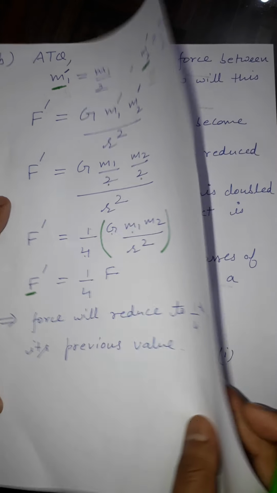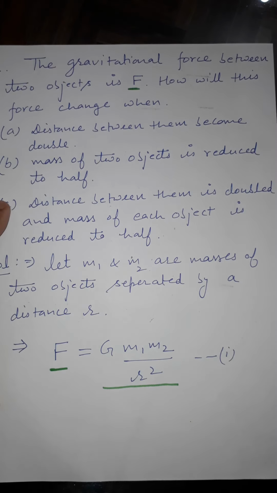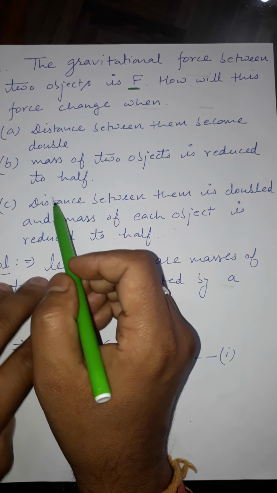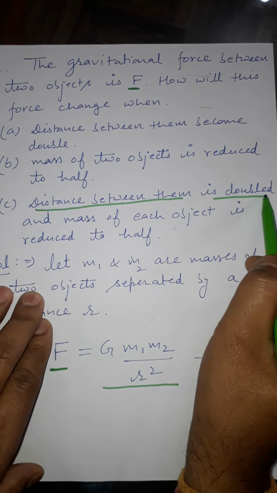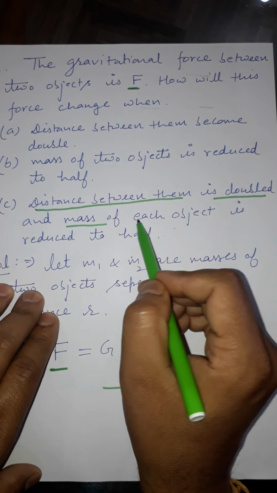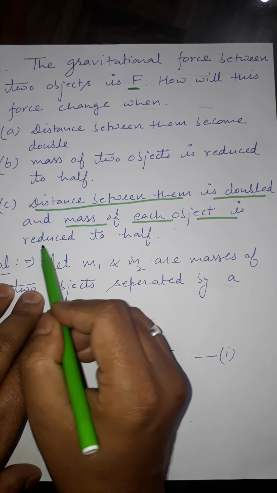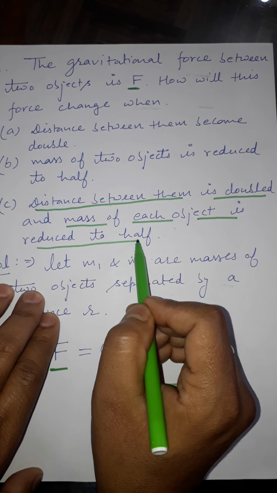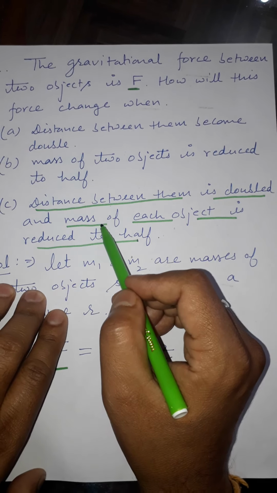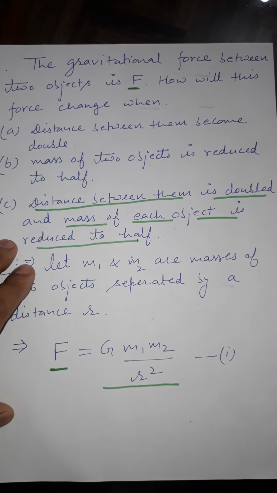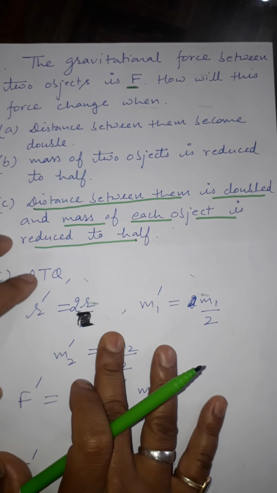Now let us move to the third case, which is very interesting. Distance between them is doubled, and mass of each object is reduced to half. Now you see, in the third condition, distance as well as masses both are changed. So now let us impose the condition here in the third part.